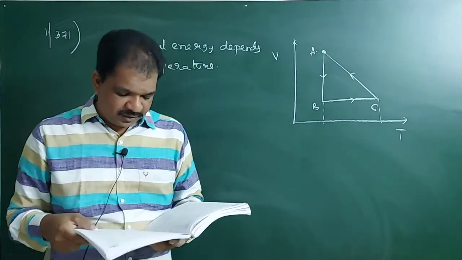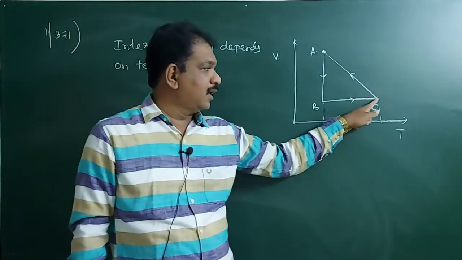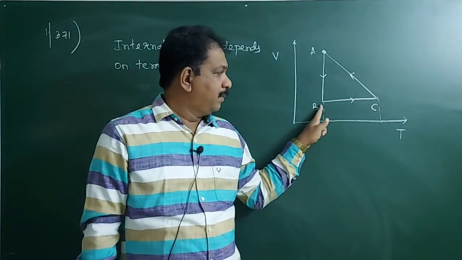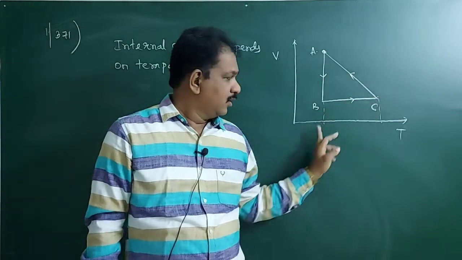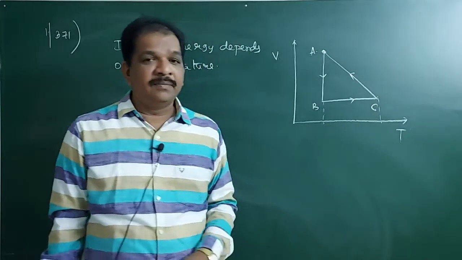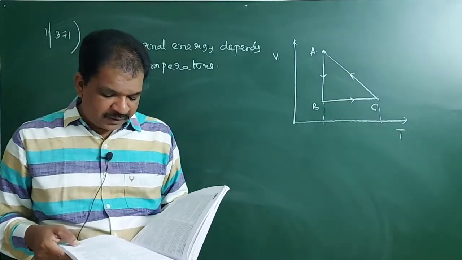Check the options. At C less than that at B: here the temperature is more, na? So C's internal energy will be more. That's why the first option is wrong.